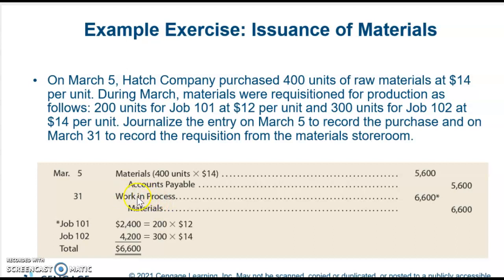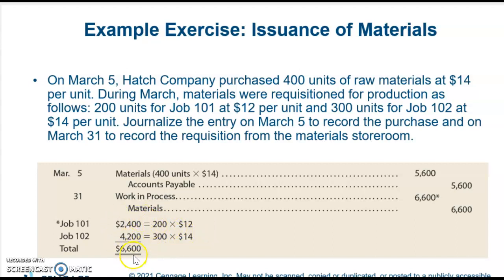So that's why we debit work in process. And they gave us the amounts to use, 200 times 12 and 300 times 14, because certain material was bought at different times, so the amount we pay for it can be different. So they're telling you here how much each one costs.